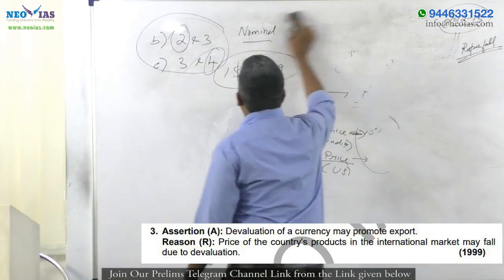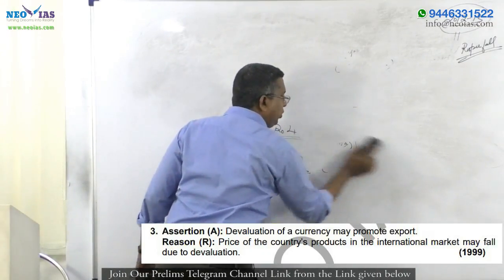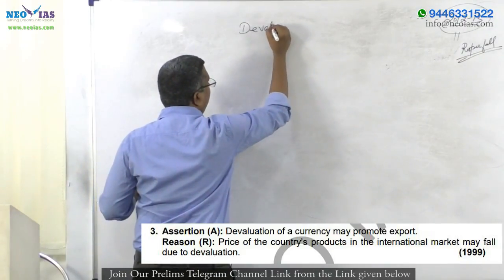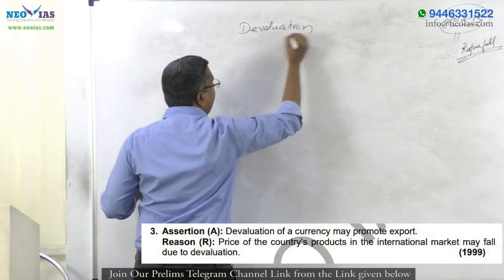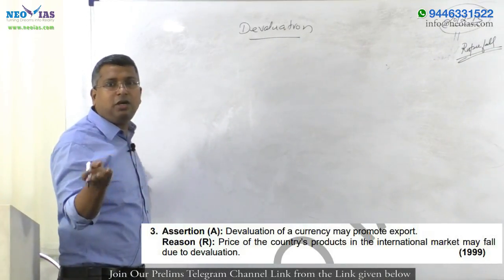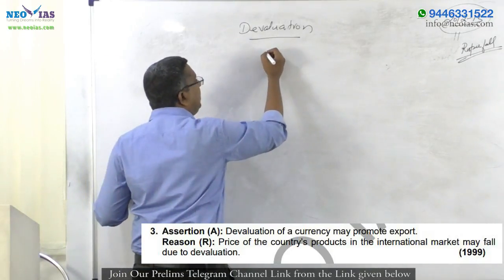Okay, we will understand since this term is very important. I'll give you an example and then you tell me is it correct or not. What is devaluation? Deliberate reduction. If it is market reduction, it is depreciation. Deliberately, by the central bank.